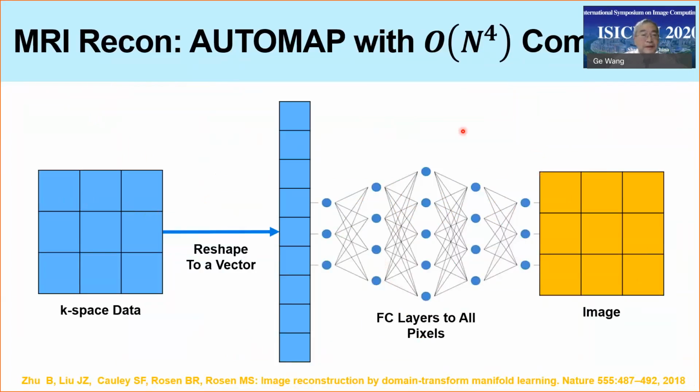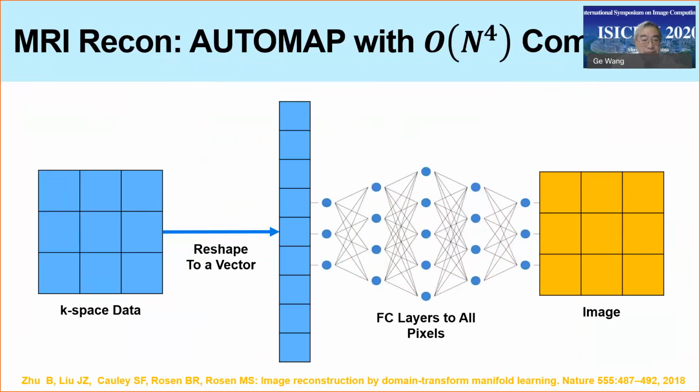A problem is computational efficiency. The data is reshaped to a one-dimensional vector, and each point is connected to every pixel in the image domain, so the computational complexity is up to n to the power 4, where n is the number of pixels along one side.